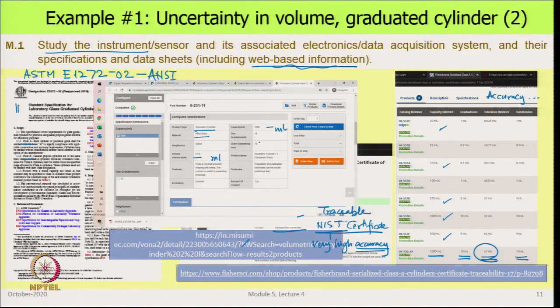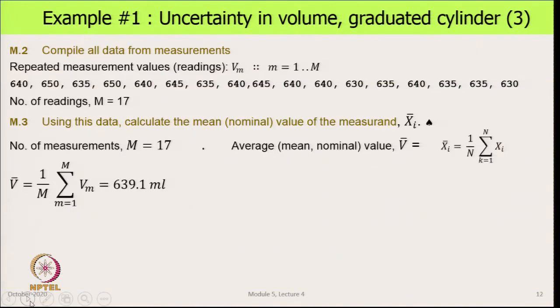For a 1000 milliliter cylinder, their volume tolerance is plus minus 5 milliliters, and so on. So, like this we get a lot of data, and in this illustration that I am giving, I will pick up one of these numbers to illustrate how we can do the full calculation.